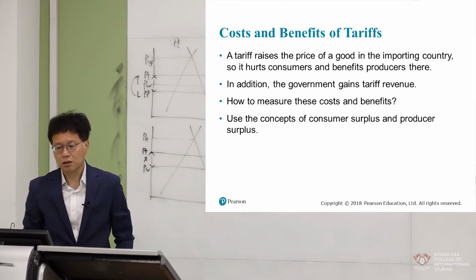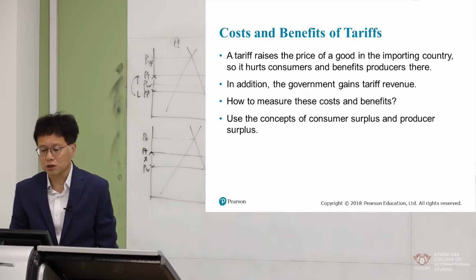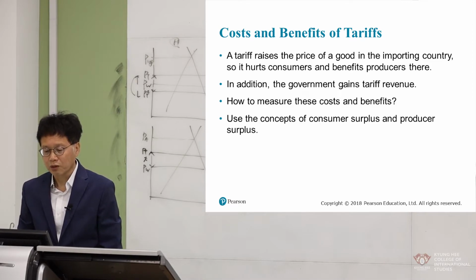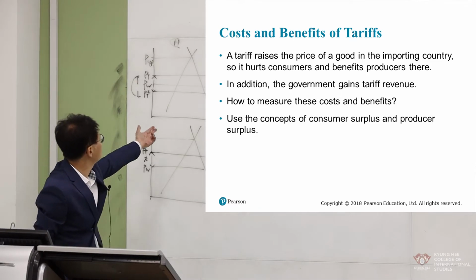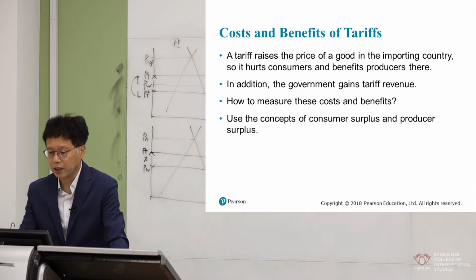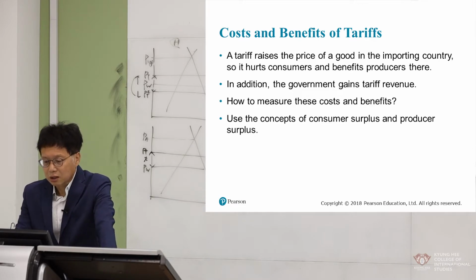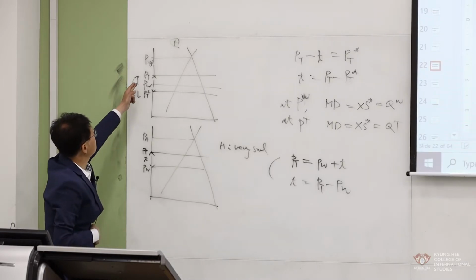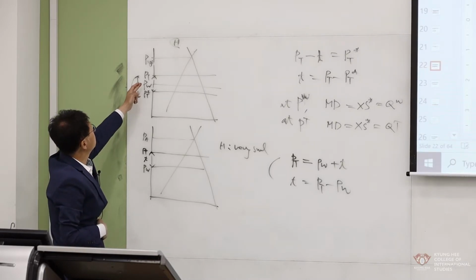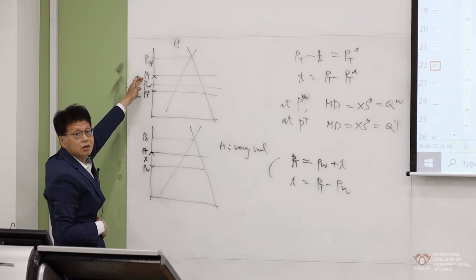Now, next section, section 2, cost and benefit of tariff. Think about this graph again. A tariff raises the price of goods in the importing country, so it hurts consumers and benefits producers there. After imposition of tariff, the domestic price increases from PW to PT, right?